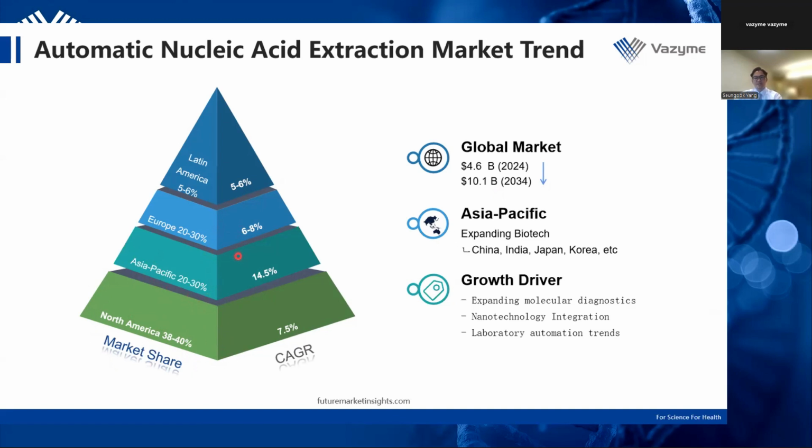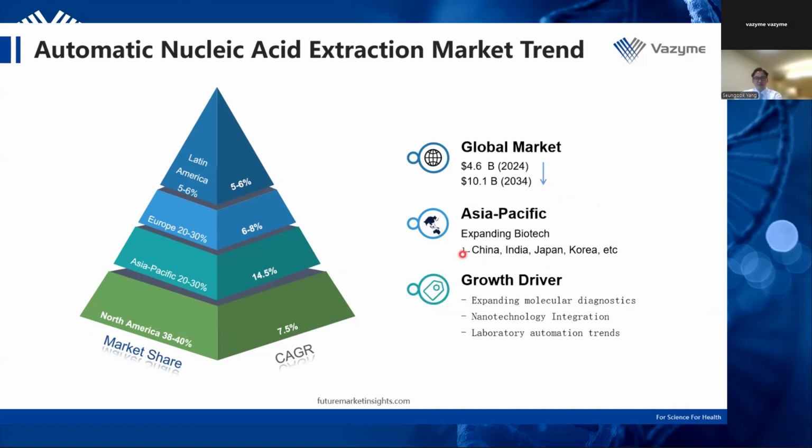And the growth rates vary actually. Asia Pacific is growing fastest at 14.5% CAGR, which is driven by the expanding biotechnology sector in countries like China, India, Japan, Korea, and so on.